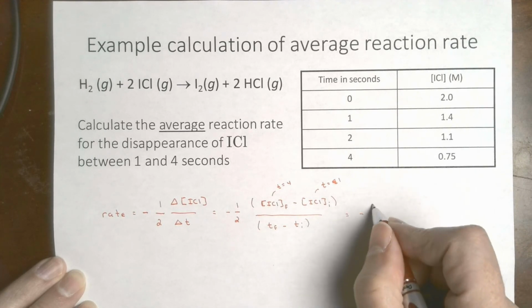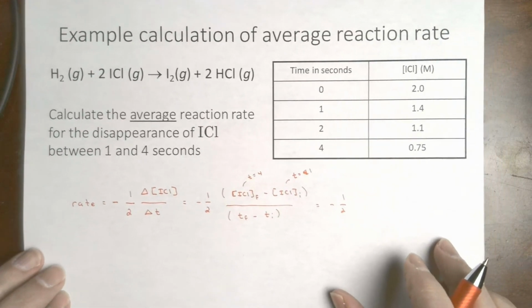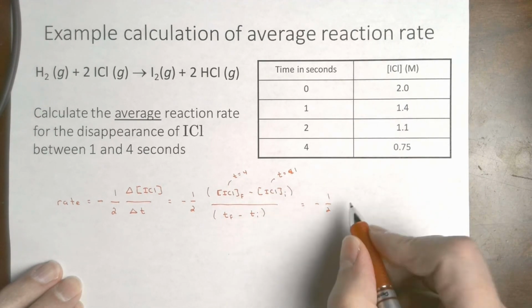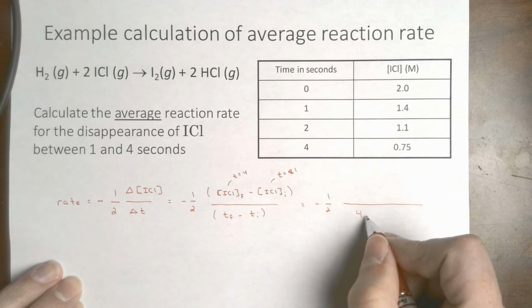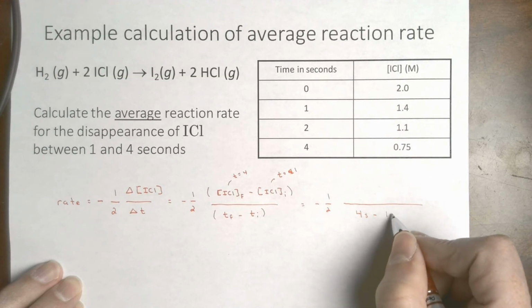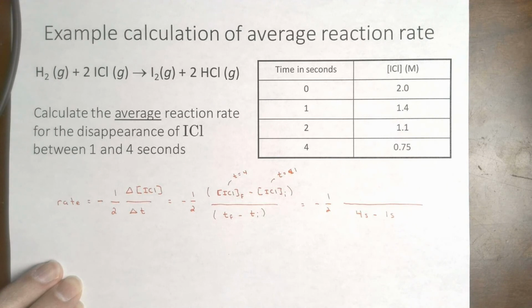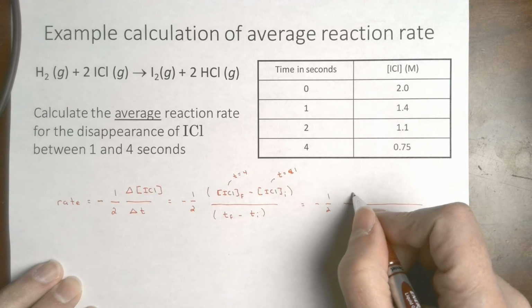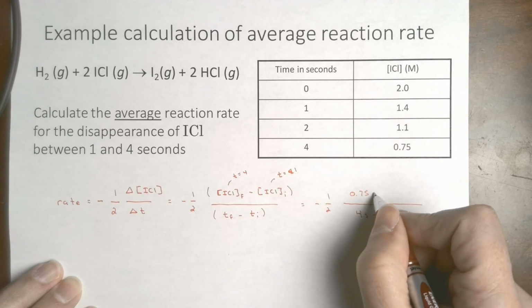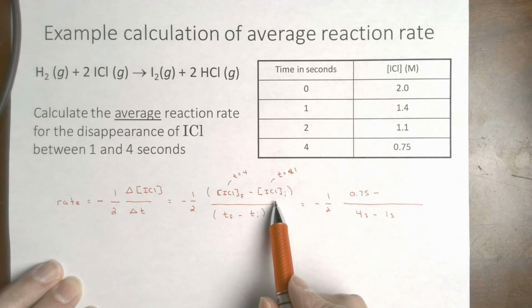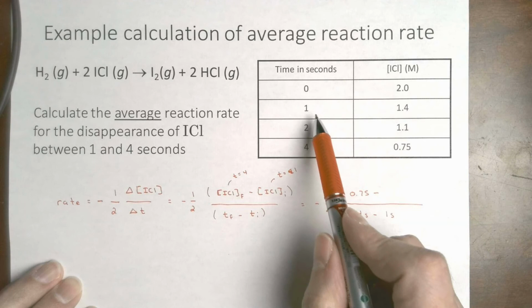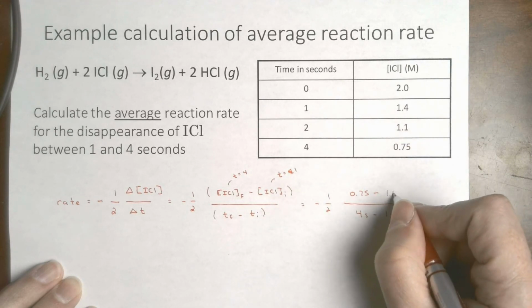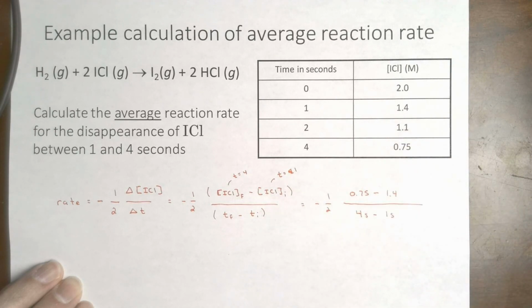So I'll start to write this out. The denominator is going to be t final, 4 seconds, minus t initial, 1 second. Now we just need to plug in the concentrations. At t equals 4, you get 0.75, minus the concentration at t initial, t equals 1, which is 1.4.